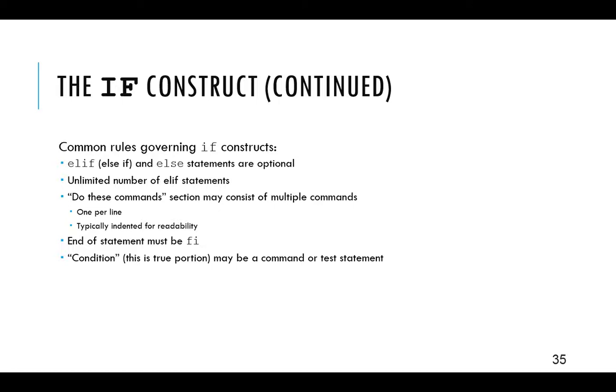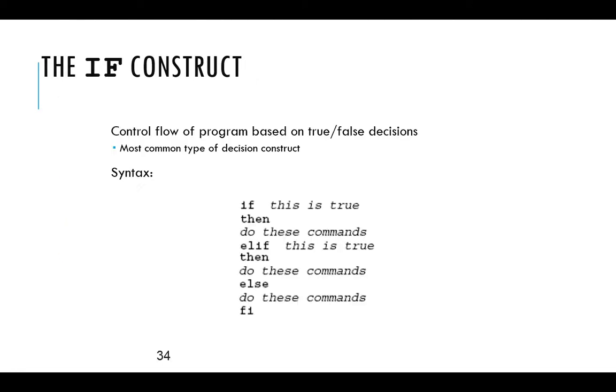And the else statements are optional. Why are they optional? Because you may not need them. You can have an unlimited number of elifs. But when you're at the end of it, we have to do fi. Does anyone know why we do fi?